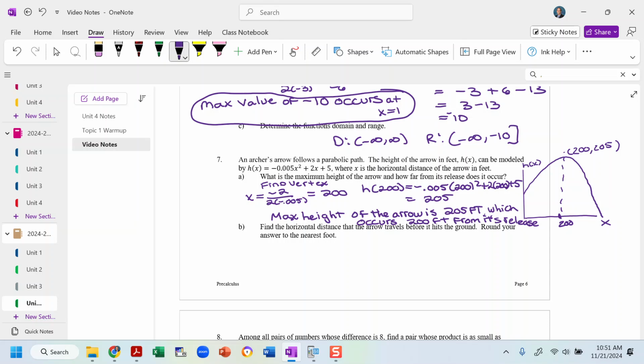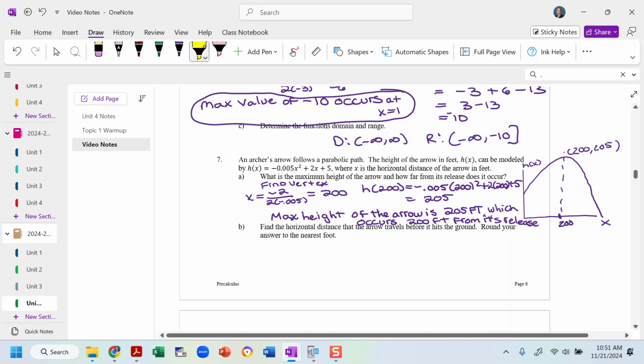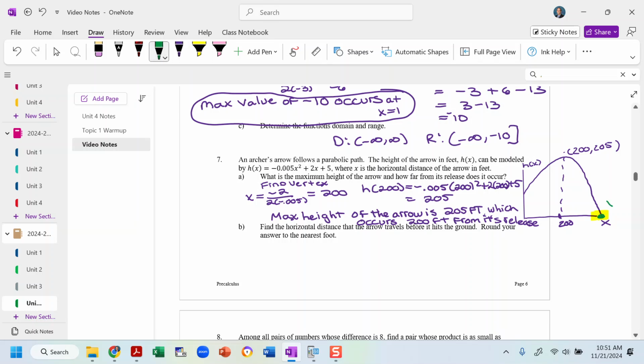The horizontal distance the arrow travels before it hits the ground. Well, here's the ground. So basically, when you do this, you're finding the x-intercept, right? So this is the x-intercept, which means you have to set h of x equal to 0.